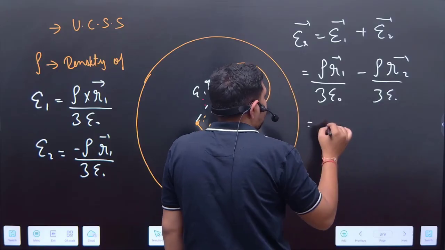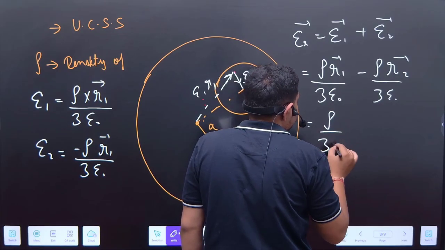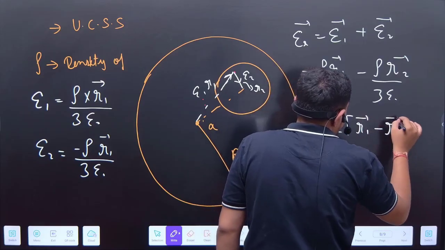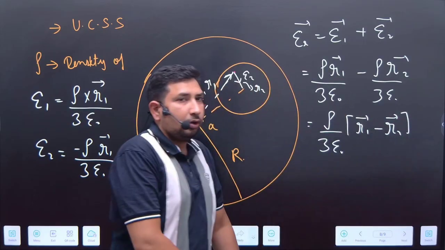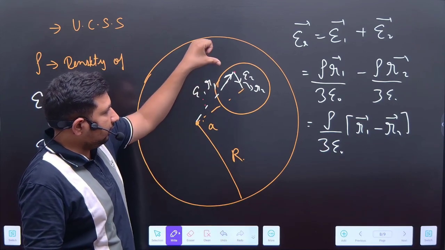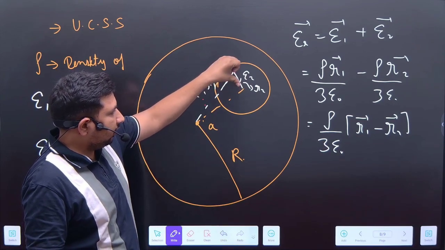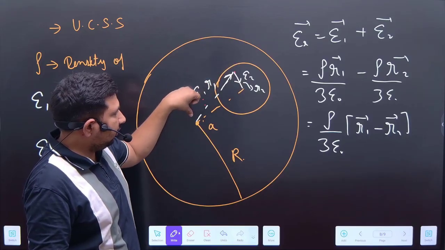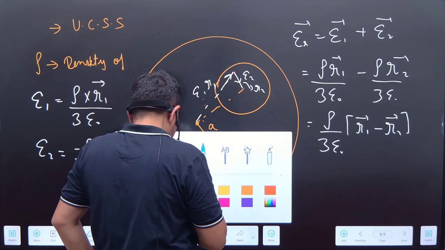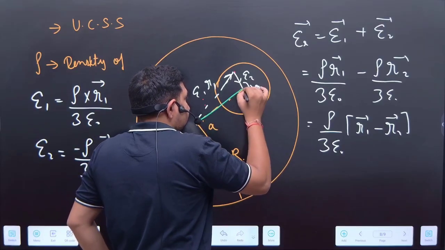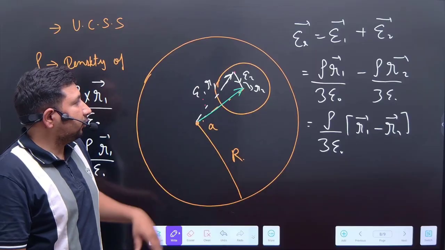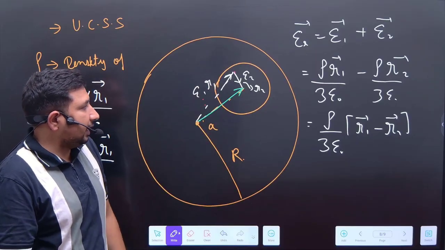So we can take rho and 3 epsilon naught as common: R1 minus R2. Okay. So this is R1 and this is R2. If we take away R2 from R1, their vector sum would give us the line joining their centers, right?